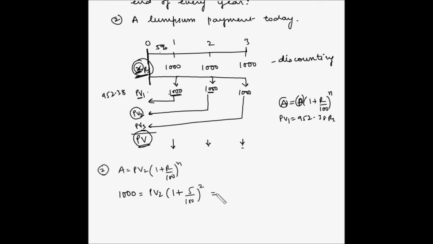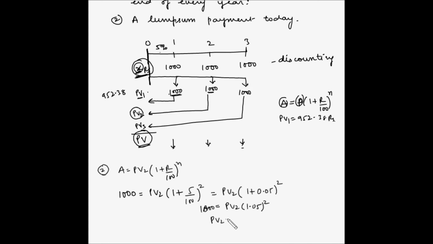So this is equal to PV2 into 1 plus 0.05 to the power 2. So this is equal to PV2 into 1.05 to the power 2. So now 1000 is equal to this.